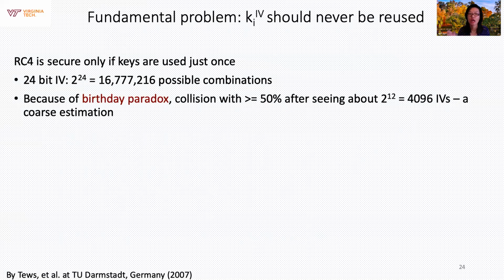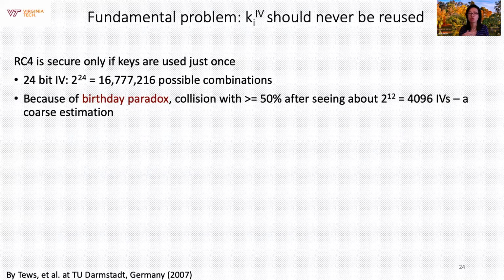We said you can estimate the number of data points that give you a collision probability greater than 0.5 by taking the square root of the entire space. In this case, it's just 2 to the 12, which is 4096 initial vectors, and so that's pretty fast.